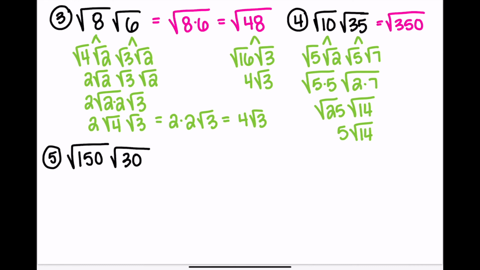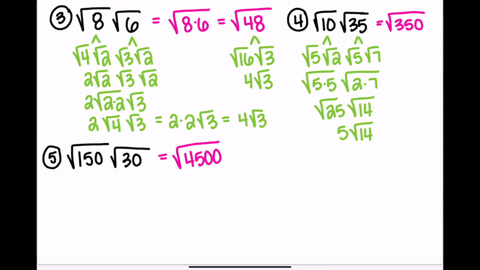All right, and then 150 times 30. So if we were to multiply those straight across, 150 times 30, that would give us 4,500. Okay, that's a really big number.